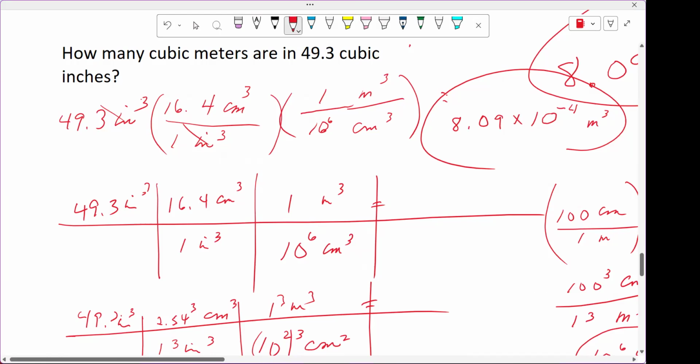So what did your calculator tell you? I'd have to look at your calculator to see what keystrokes you used.